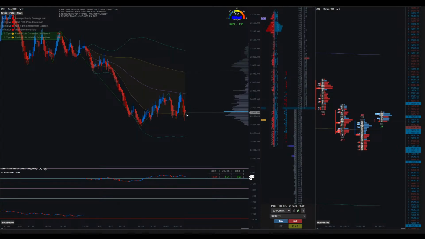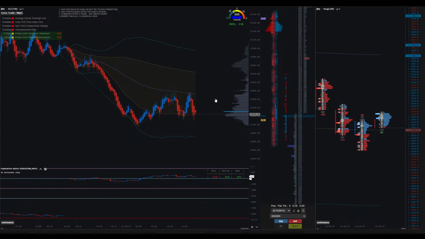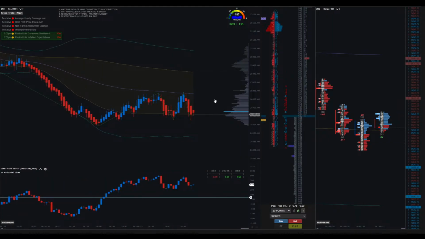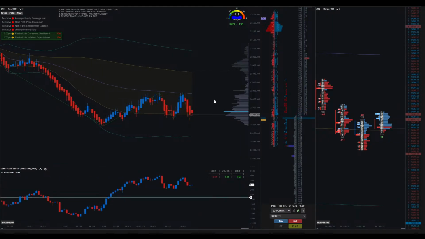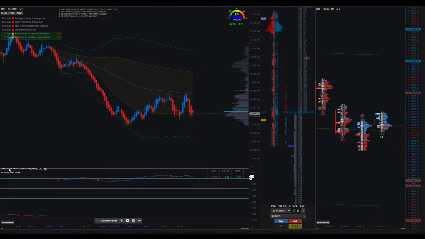Even though it looks good for... Ah, we have news in 10 minutes. No, I'll be back. Fuck this. I hate that this cumulative delta is scaling everything so much that I cannot see anything.